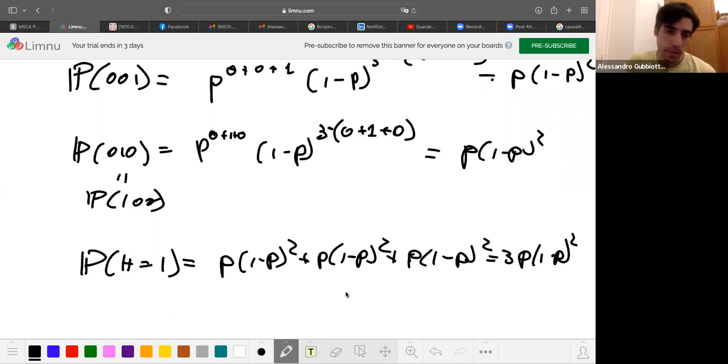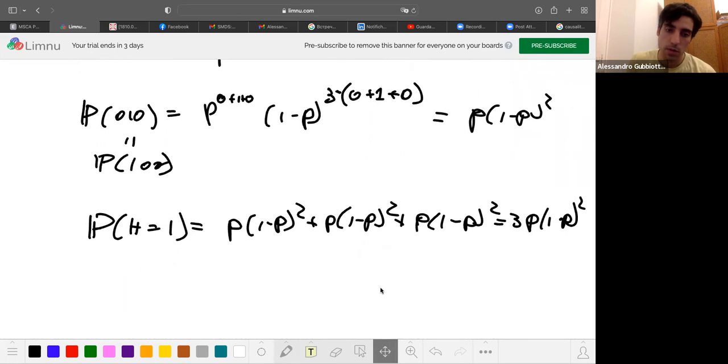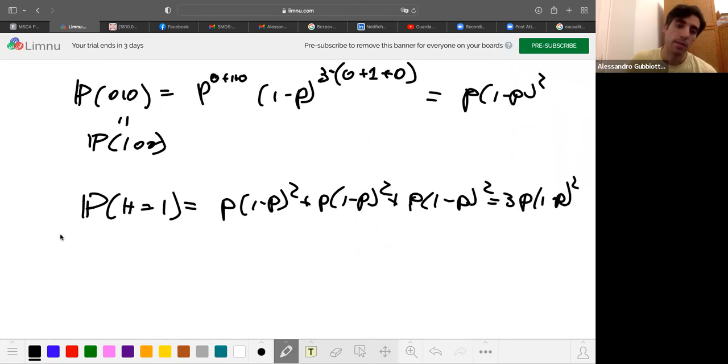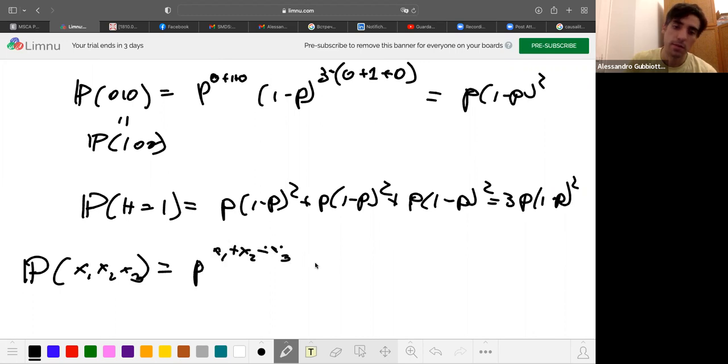Observe that the probability of x1, x2, x3 is equal to p to the power x1 plus x2 plus x3 times 1 minus p to the power 3 minus (x1 plus x2 plus x3).